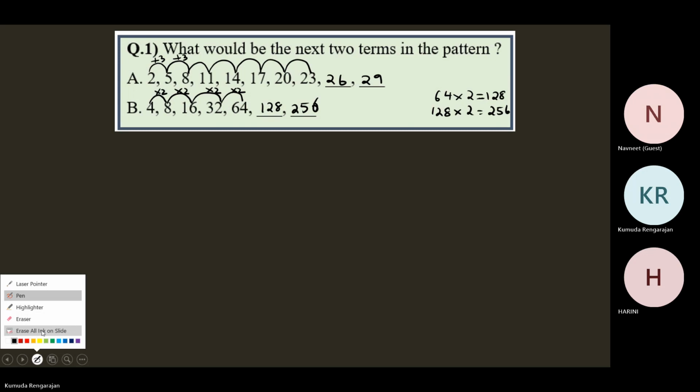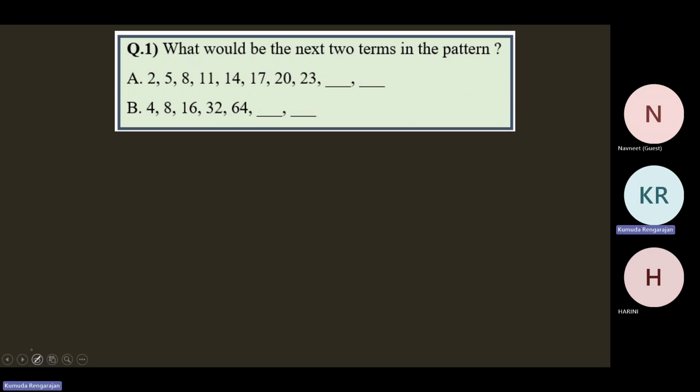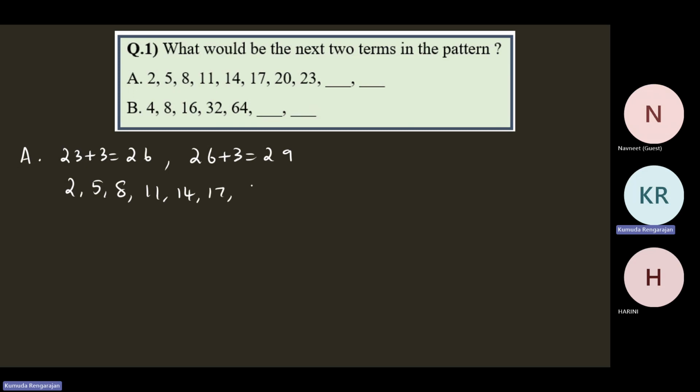Okay. So you should present your answer like this. For A, 23 plus 3, 26. And 26 plus 3, 29. 2, 5, 8, 11, 14, 17, 20, 23, 26, 29.